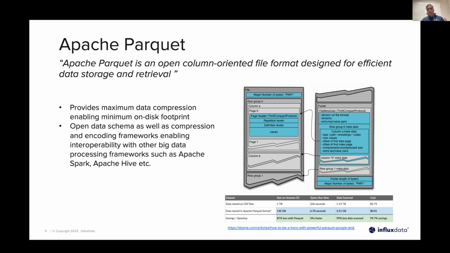It's an open columnar format. Data is still columnar, so it aids in analytics. But it also provides high compression, so you have minimum disk footprint, and combined with the fact that we can store it in S3 and all of the other object stores, that is one of the things that attracted us towards using Apache Parquet.